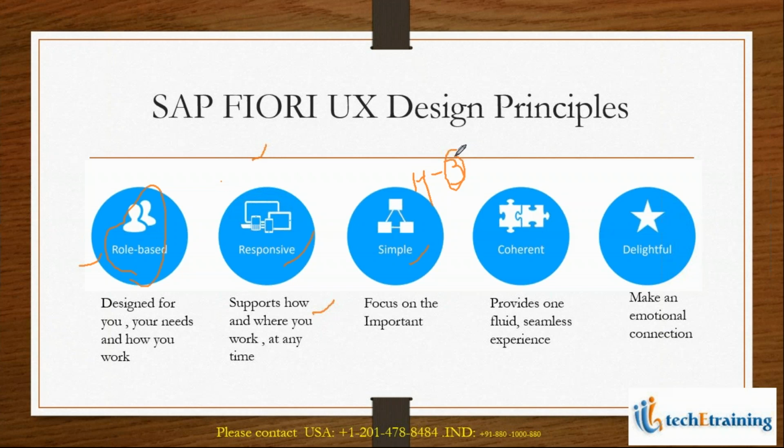That way it is readable for any type of user, whether educated users or even unskilled laborers. Anybody can understand this Fiori application. That is the reason it is addressed as simple.